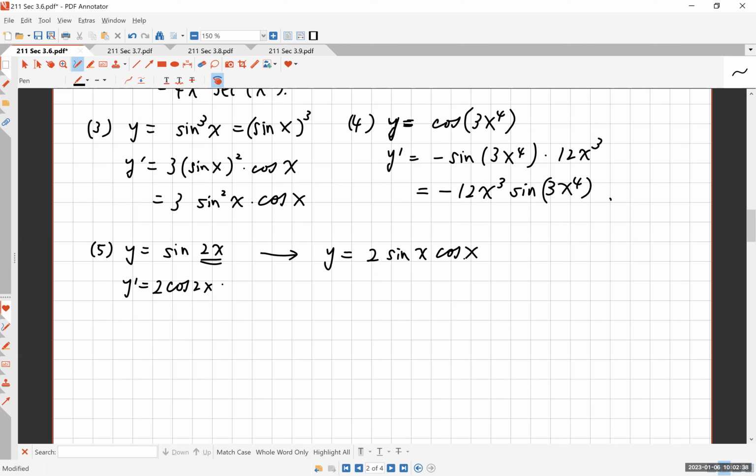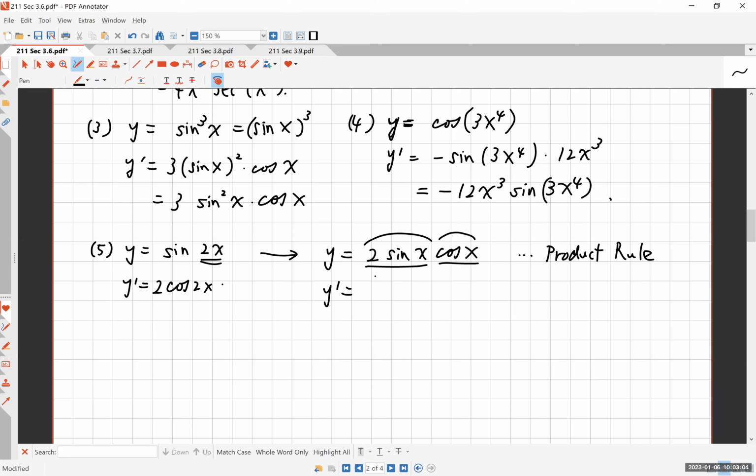You should, because that's the double angle formula for the sine function. And now this does not require the chain rule. Why not? Well, because there is no composition here. It's basically 2 sine x times cosine of x. So let's apply the product rule, assuming that the first one is 2 sine of x and the second function is the cosine of x.